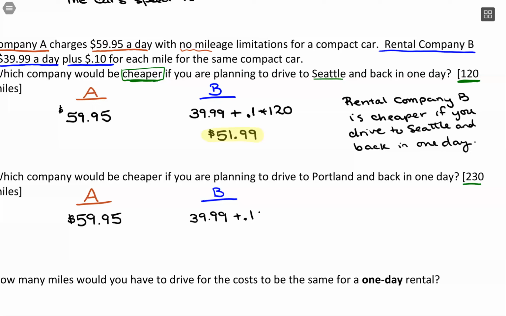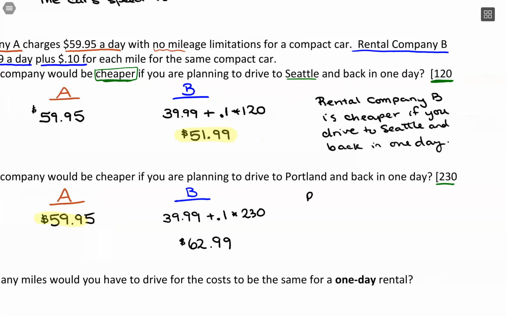So I'll have the 10 cents times 230, and that'll bring us to $62.99. So for this scenario, rental company A is cheaper if you drive to Portland and back in one day.